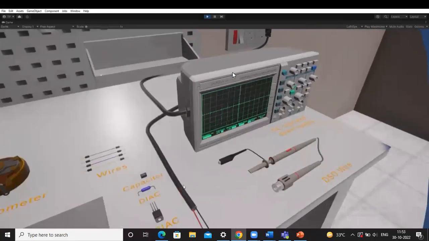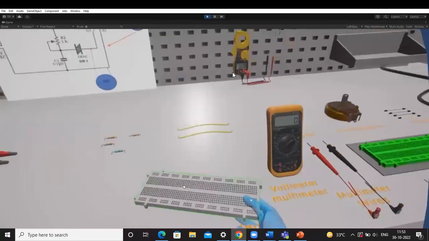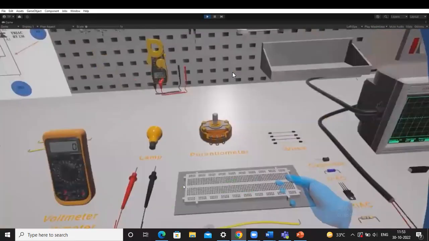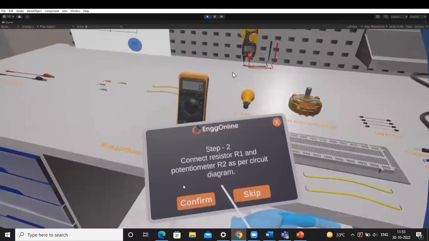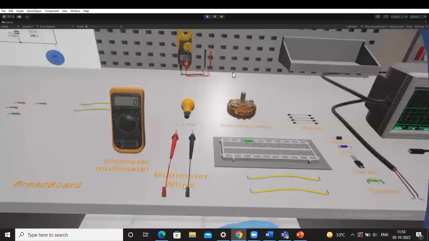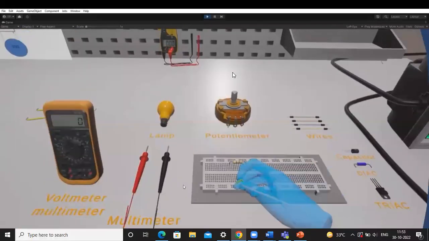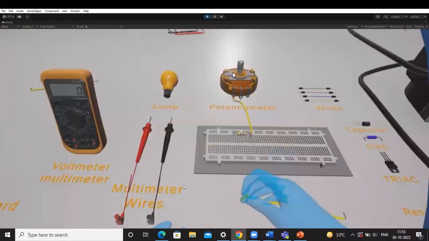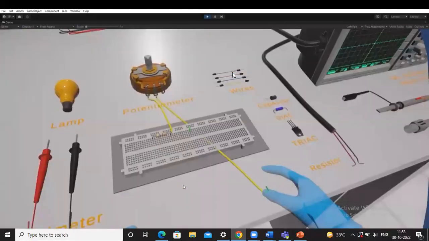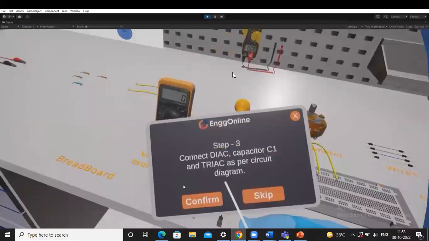Step 1. Take breadboard. Step 2. Connect resistor R1 and potentiometer R2 as per circuit diagram. Step 3. Connect diac, capacitor C1 and triac as per circuit diagram.